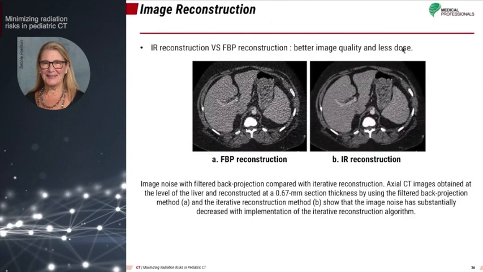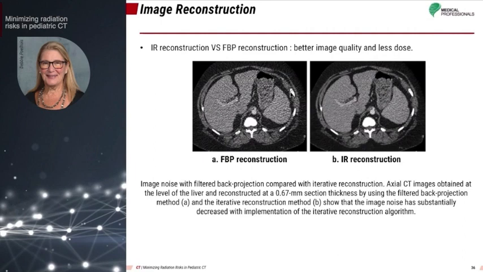Let's look at image reconstruction. The CT acquires X-ray projection data from multiple angles through an object to generate a tomographic rendition of its attenuation characteristics.